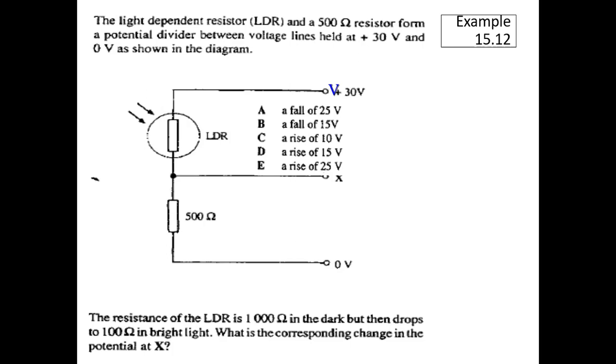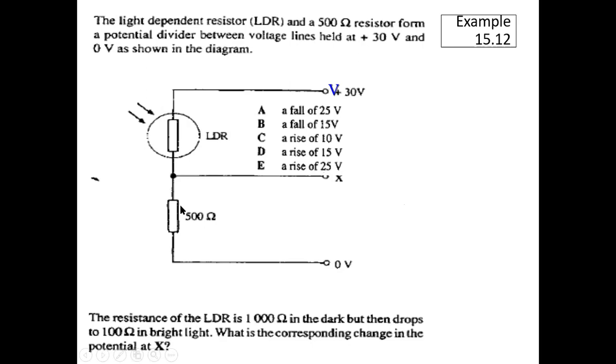So they just require you to use your potential divider formula, that's all. Calculate for 10 ohm. Then what happened when it's 100 ohm? Remember, 500 plus 100. You are interested in the value that changes across the 500 ohm, not across the LDR.